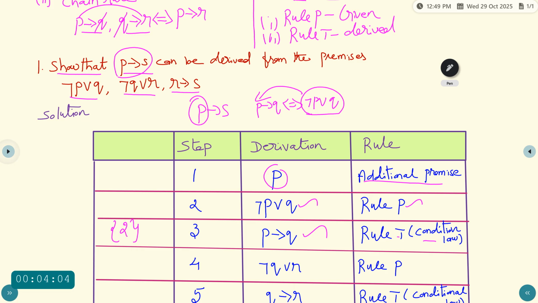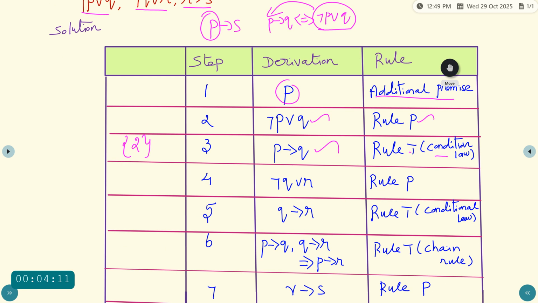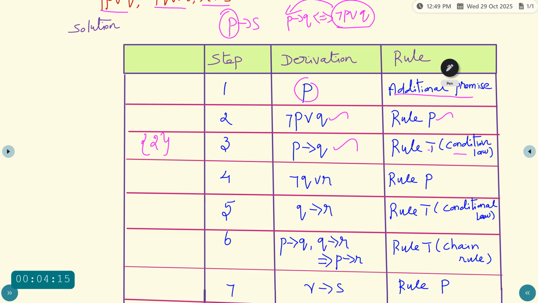Next we will take another premise. Another premise is negation Q or R. This is also the conditional law. This is rule P. So what is the conditional law?